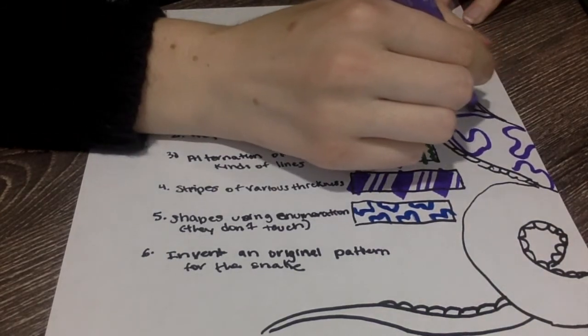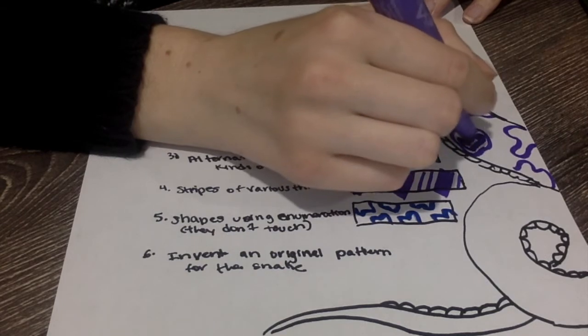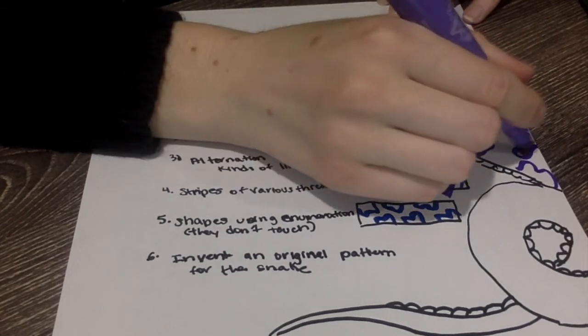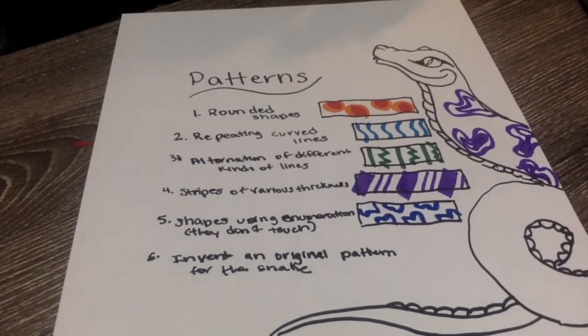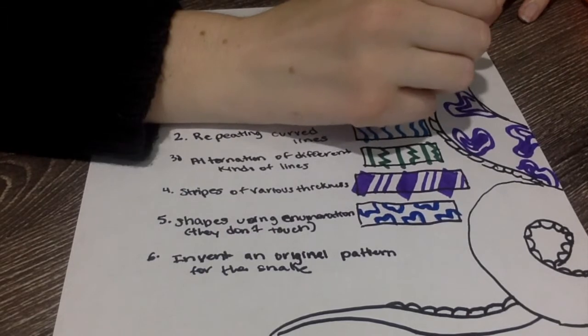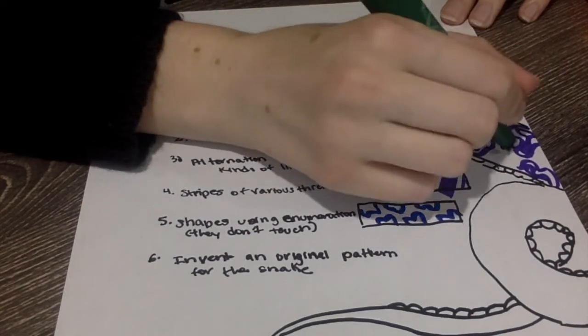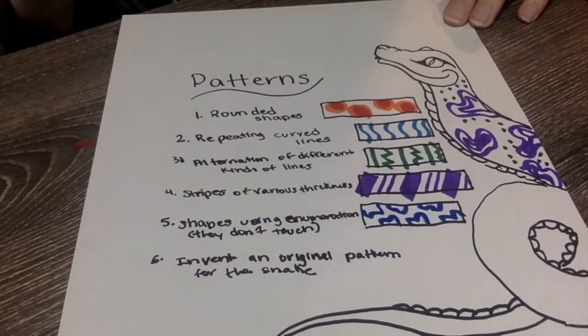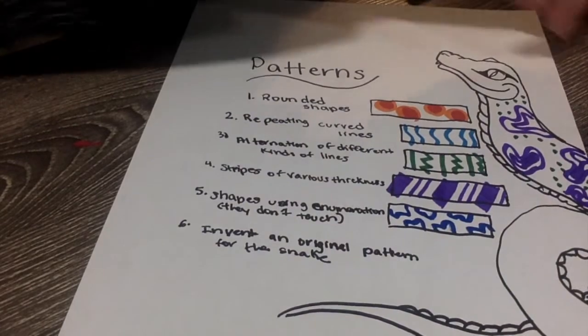Maybe I'm going to do a double whammy and put another splotch inside like so. There we go. Maybe I'm going to add some dots around it. Add some dots in there like that. Maybe I'm going to add another color.